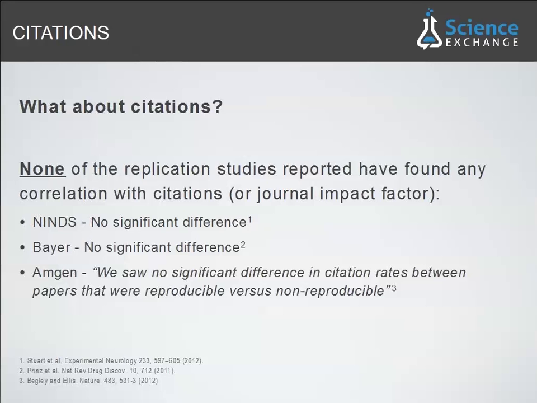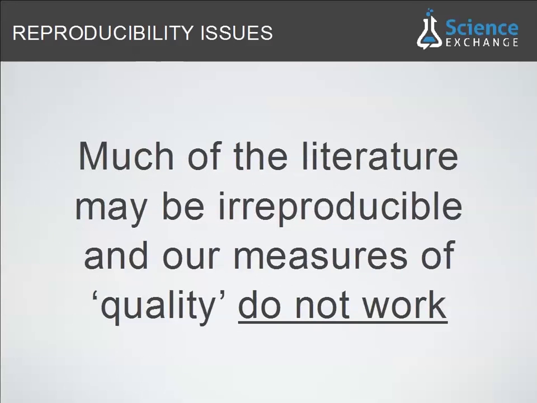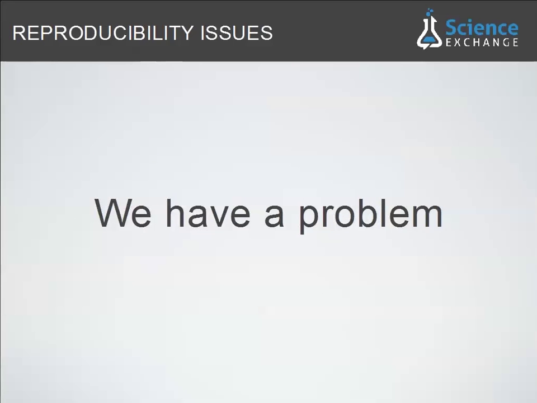Bayer saw no significant difference, and Amgen saw no significant difference between the citation rate of papers that were reproducible versus non-reproducible. So then much of the literature might be irreproducible, and our measures of quality, like citations, do not seem to indicate whether a result is reproducible. So that suggests that we have a problem.